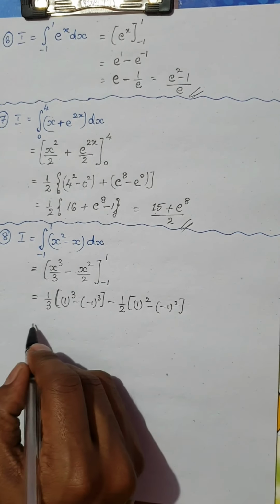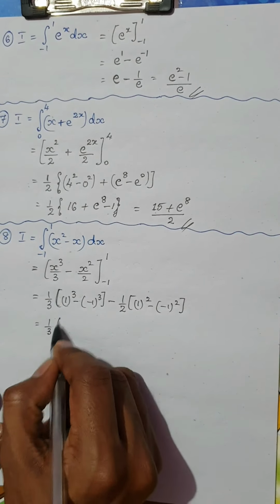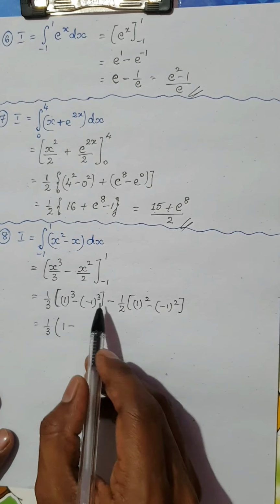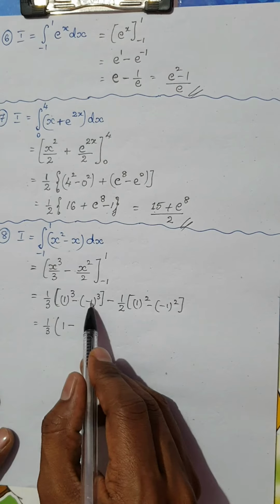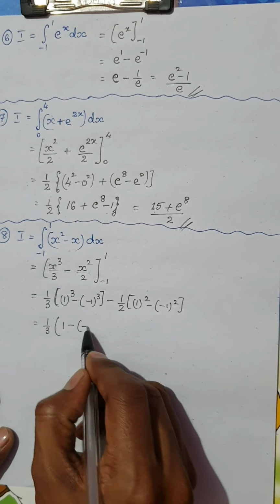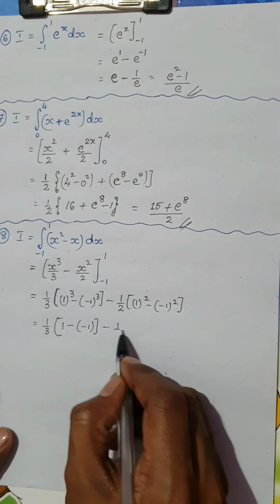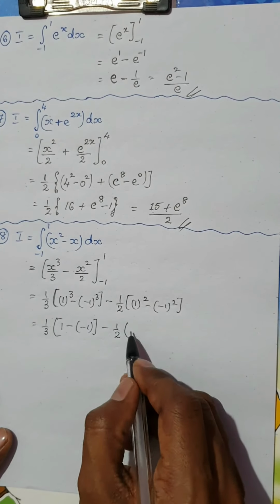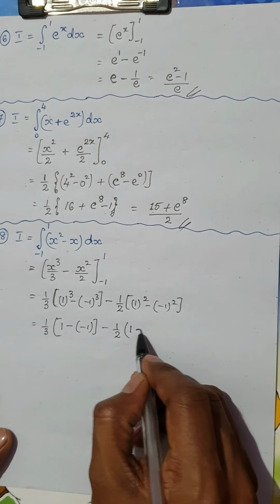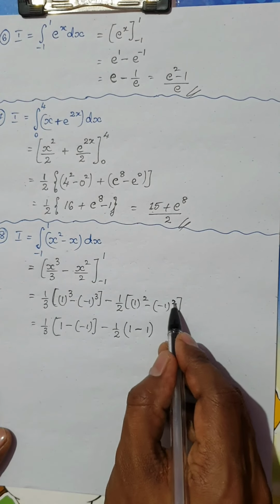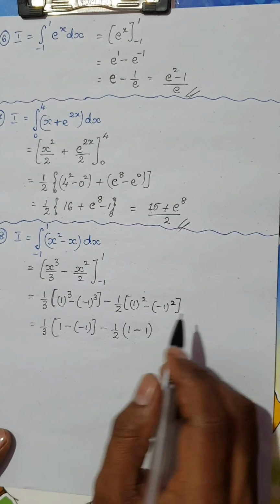Okay, see what happens. This is nothing but 1 by 3 into 1 cube, which is 1, minus 1 by 2 into 1 square. We all know minus 1 cube is minus 1 itself. Because the power is even, minus 1 square becomes plus 1.